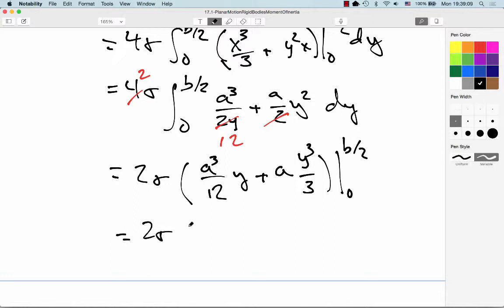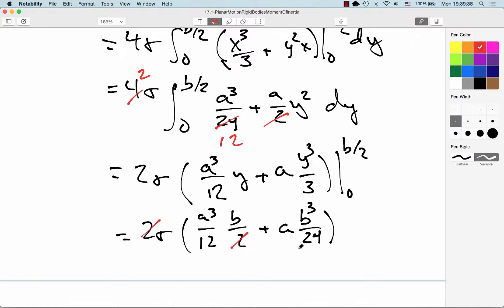I'm going to get 2 sigma a cubed over 12 times b over 2 plus a, and then this is going to give me b cubed over 2 cubed, so b cubed over 8, and then we're divided by 3, so it's b cubed over 24. And once again I can cancel off a 2, so that 2 cancels, leaving that being a 12.